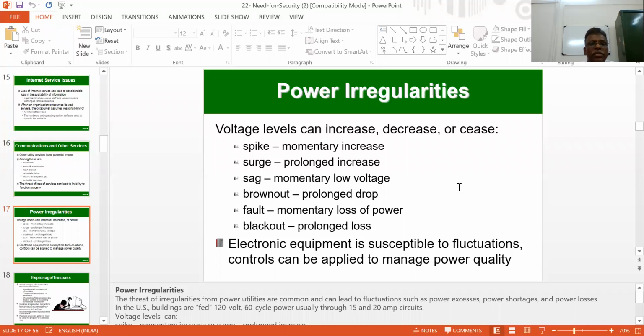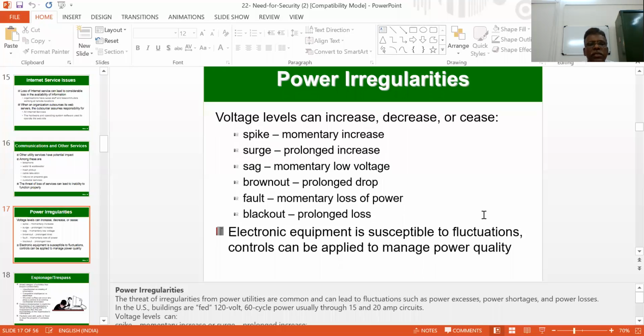Prolonged loss: you can say the voltage levels increasing and decreasing and chances of complete blockage. These power irregularities and backups are also going to be a problem to our complete information or security.